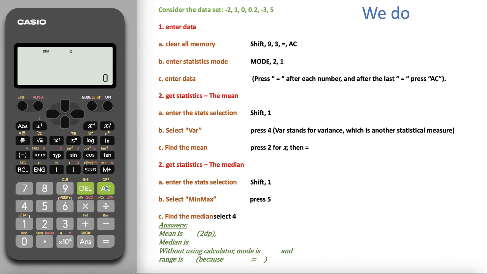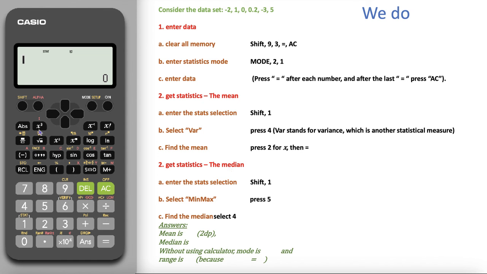Okay, let's just check that. Shift 1. The mean is found by pressing 4 and X bar, so 2 equals 0.2. Okay, well, let's clear that. And the next one to get is the median.